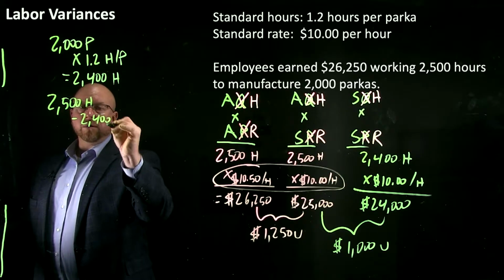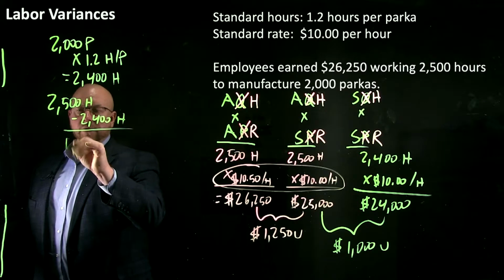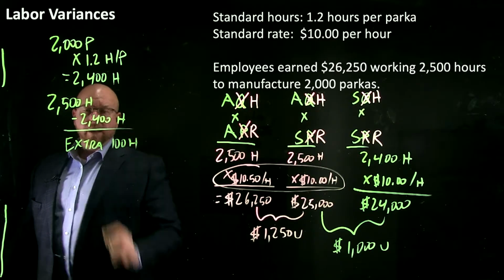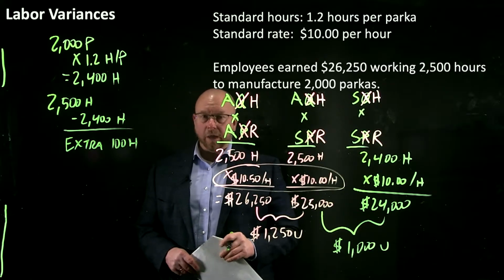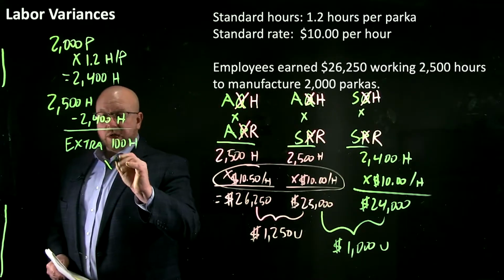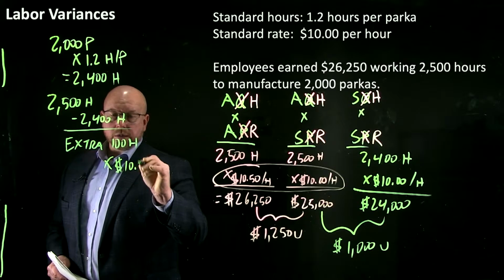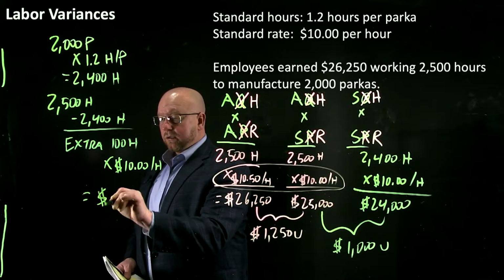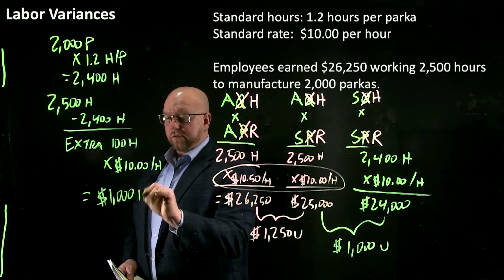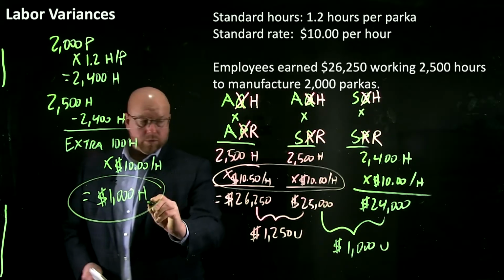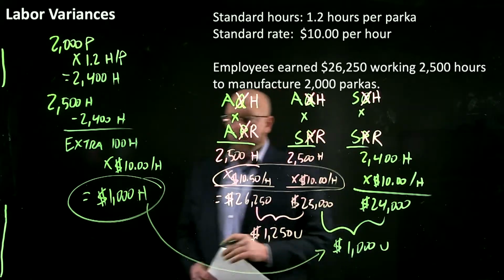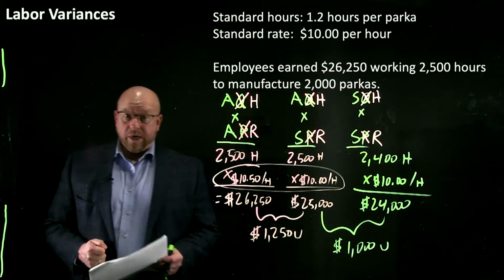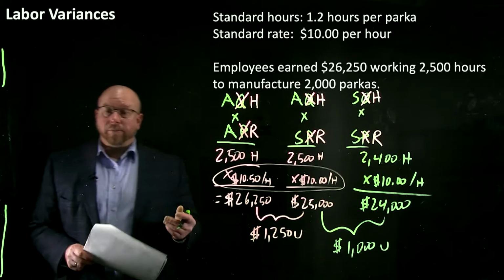That means that we used an extra 100 hours. All right, well, what's the financial implication of that? Well, if the standard labor rate is $10 per hour, that's an extra $1,000 of labor cost, which is unfavorable if you're trying to generate a profit. If double checking is great, then triple checking is even better.